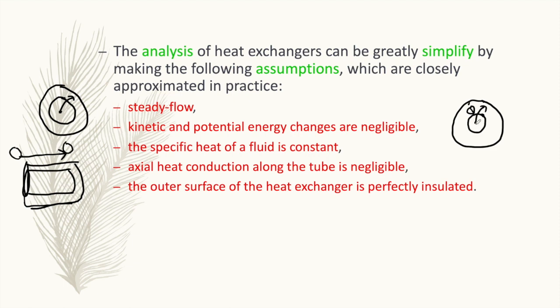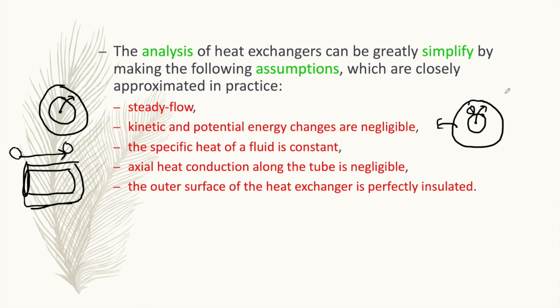Whatever Q is released from the hot fluid to the cold fluid is the same. The outer surface of the second tube will be perfectly insulated, which means that there will be no Q released to the surrounding.